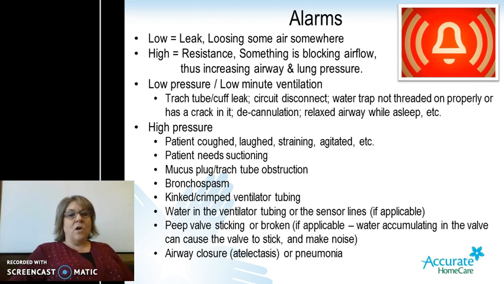If it is a high alarm, you have resistance. Something is blocking the airflow, thus increasing airway and lung pressure. The machine needs to protect the lungs, and if there is too much pressure, it can cause some harm. Therefore, there is a high pressure alarm set to prevent this.